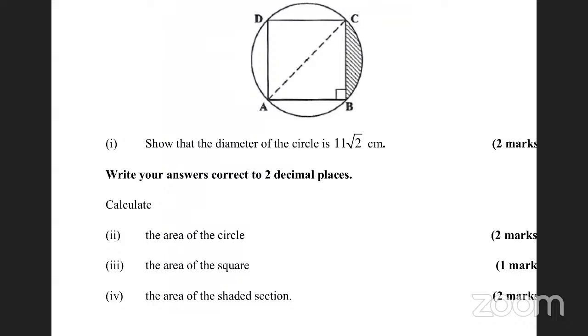Go ahead. Find the rest. Find the area of the circle, area of the square, and then the area of the shaded region. Those who are online, message your answers. Let's see what you got.